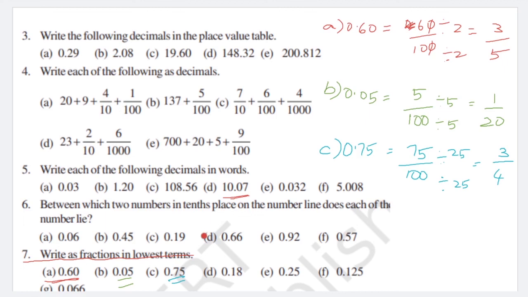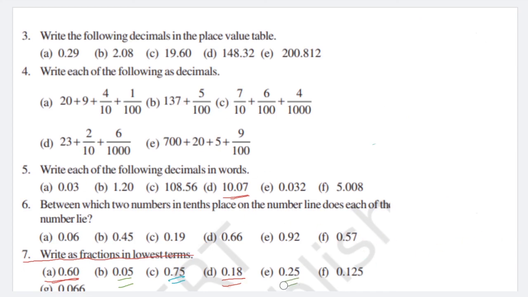Okay, the next one is 0.18. You can divide both the numerator and denominator by 2. You will get 9 by 50.